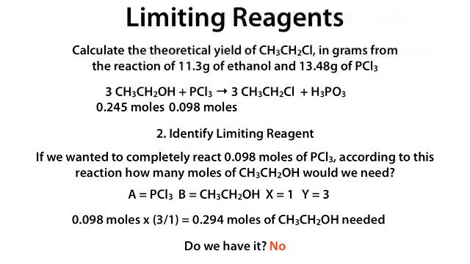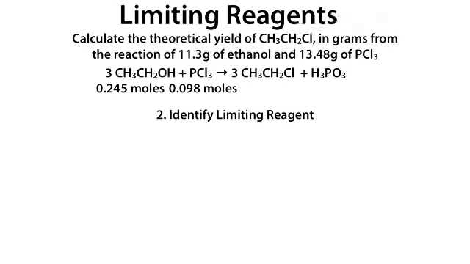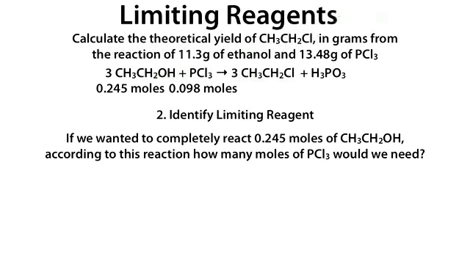Now we're going to move on to ethanol and ask ethanol the same question. If we wanted to completely react 0.245 moles of ethanol, according to this reaction, how many moles of PCl3 would we need? A is ethanol, B is PCl3. We have ethanol, we're looking for PCl3.